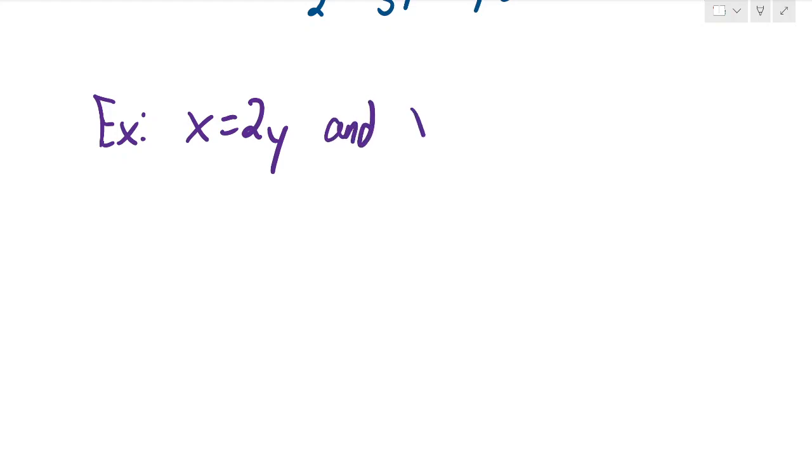Okay, so this one wants us to find the area that's enclosed by the functions x equals 2y and x equals y cubed minus y. Okay, so specifically the part that's enclosed, meaning that we really just need to find the intersection points, and we're finding the area between all of the intersection points.